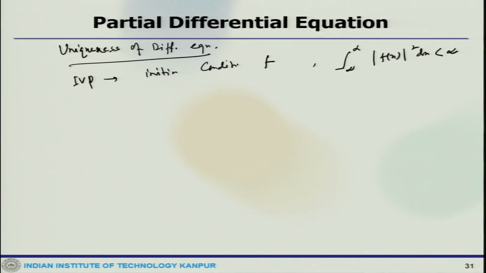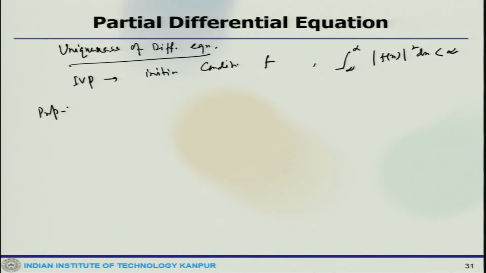Now, before we establish that any solution of the initial value problem satisfies these things, we need to have certain information, properties or propositions on this.